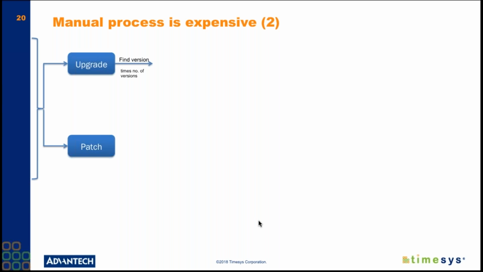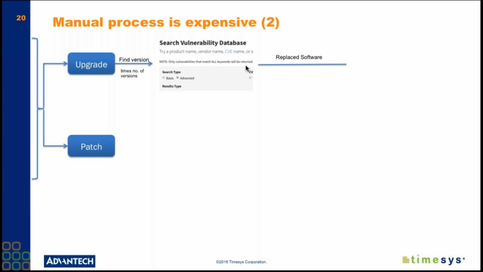If I upgrade a package, if I bump the package to a new version, I would have to first identify what versions are available and then run security vulnerability searches per version to make sure that the vulnerability I'm concerned about is really addressed in this version of the package. Let's say that it is, then I replace the software in my product.